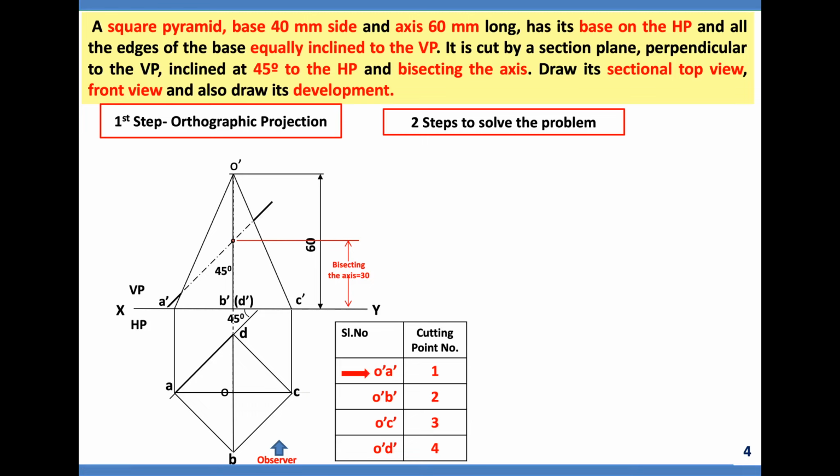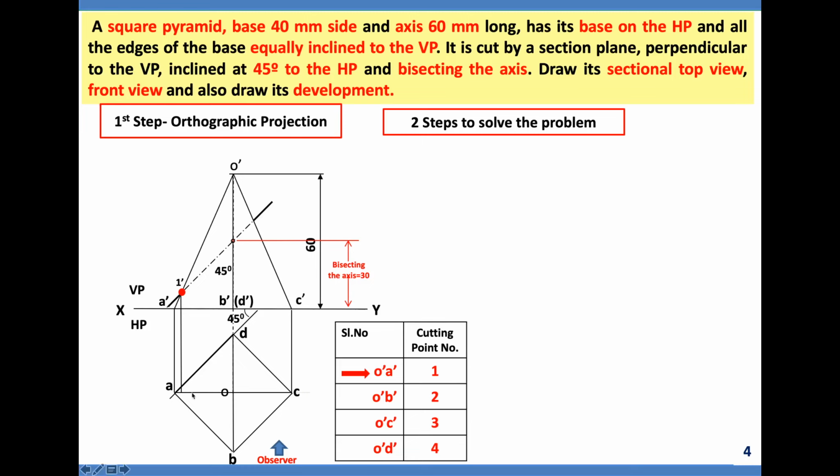So first, sorry, first we'll go to O dash A dash, which is having cutting point 1. It comes here, I'll use the cursor, O dash A dash, you'll get here, and it has to be named as 1 dash. From there, I'll drop a vertical line, which has touched in top view OA.